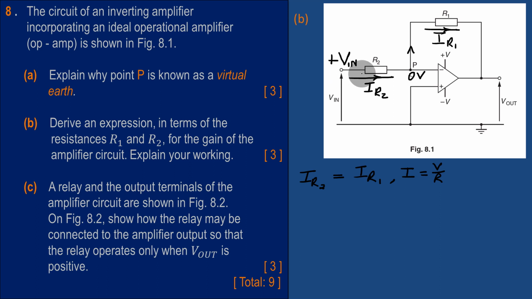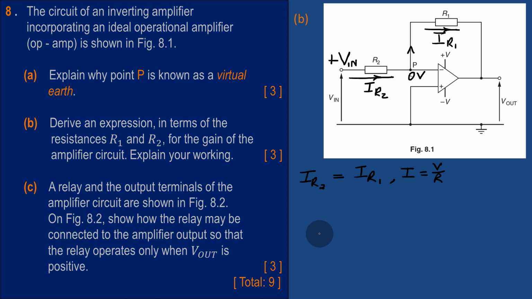First of all, we look at the direction of flow of current and we reason out, since current is flowing in this direction, the potential at this point is higher than the potential at this point, because current always flows from a point at a higher potential to a point at a lower potential. That means that if we want to get the potential difference between these two points, that is the potential drop across R2, we do the higher potential minus the smaller potential.